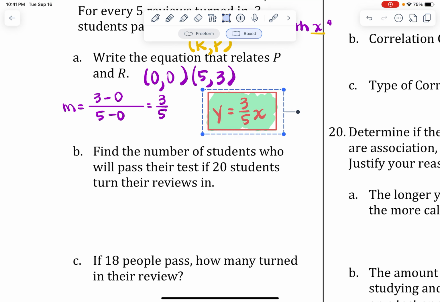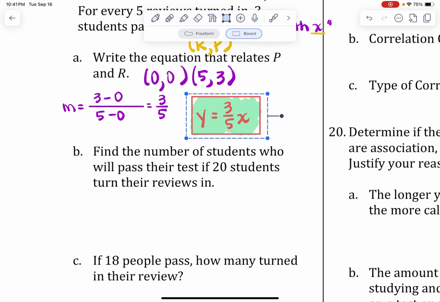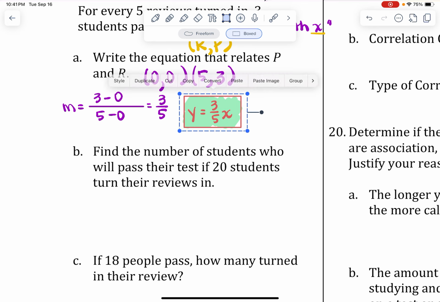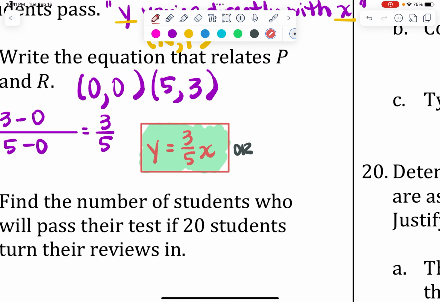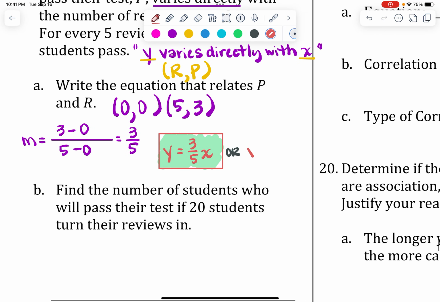Sorry, I'm going to scoochie this over here. I should have used P's and R's because that's what they want me to do. I'm just so used to writing Y's. But my Y's are actually P's, the number of kids that pass, right?